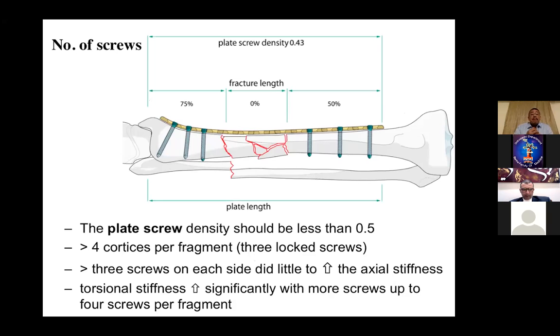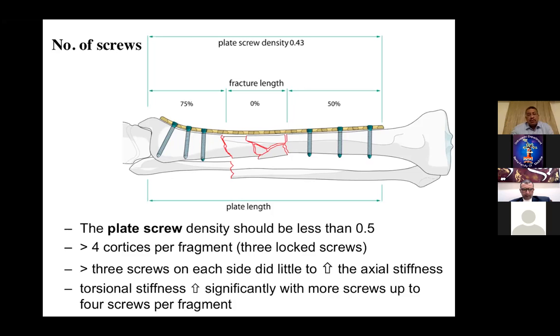The number of screws. The plate screw density should be less than 0.5. This means you leave half of the holes empty and put screws in half of the holes of the plate. You need more than 4 cortices per fragment. So it is preferred to have at least 3 locked screws. And this will differ when you are getting fixation in short segment, in periarticular fractures.